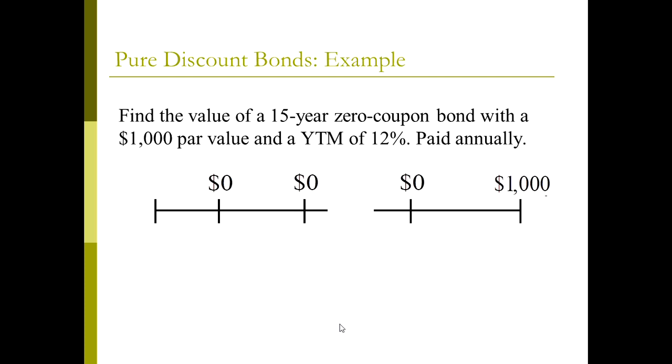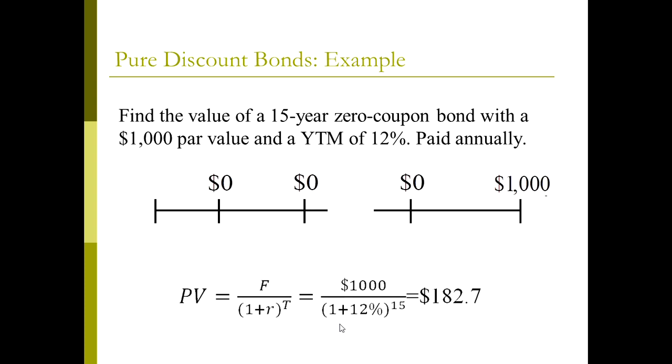Here is an example: a 15-year zero coupon bond, face value $1,000, yield to maturity 12%, paid annually. So the price of this bond is just the discounted value of the $1,000. 1,000 divided by 1 plus 12% to the power of 15 years. So the bond is only worth about $183.